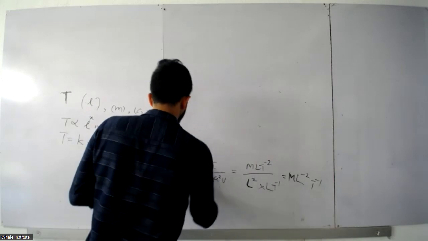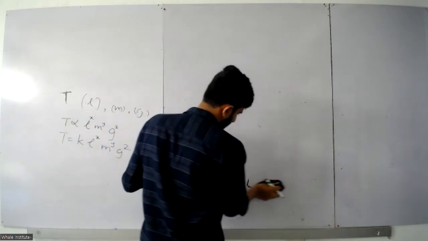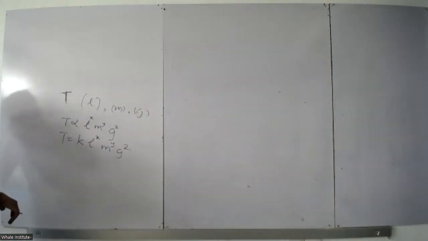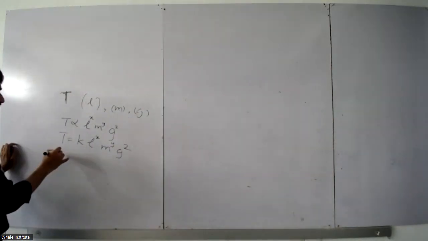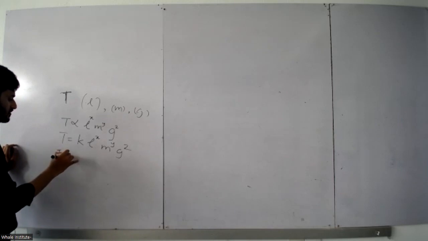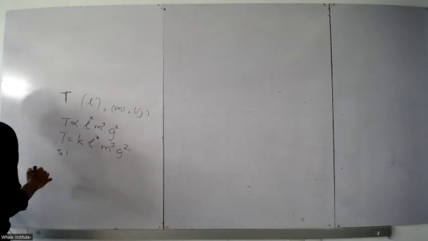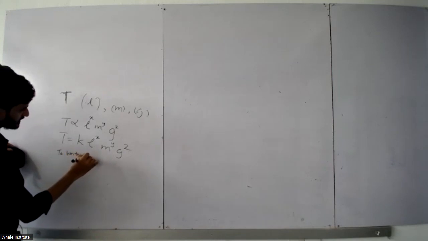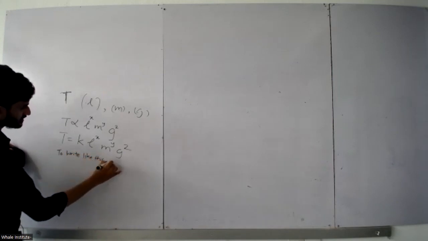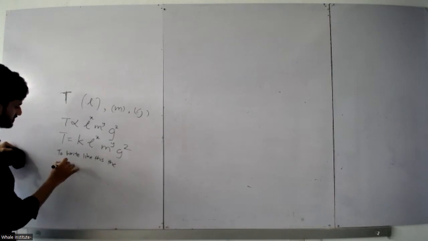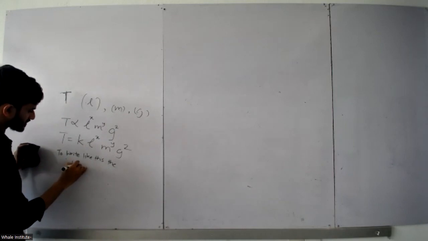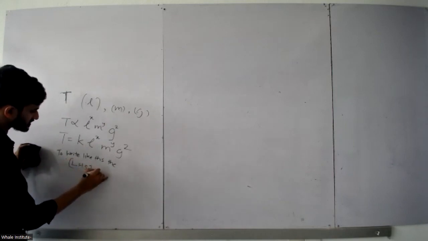Then you can use the theory part. To write like this, we have to equalize the dimensions. The dimension of the two sides should be equal, or you can say the dimension of LHS should be equal to the dimension of RHS.